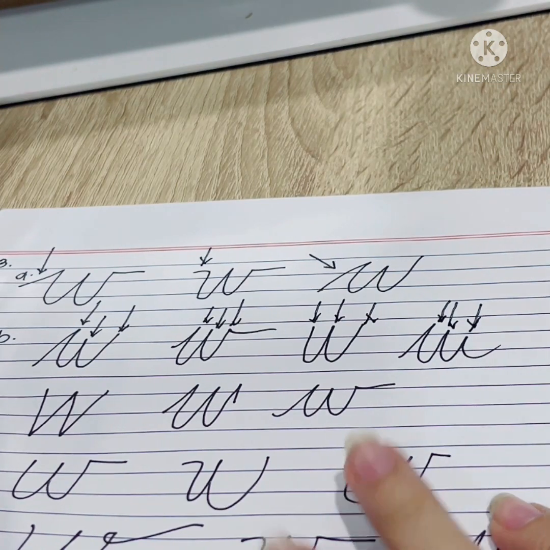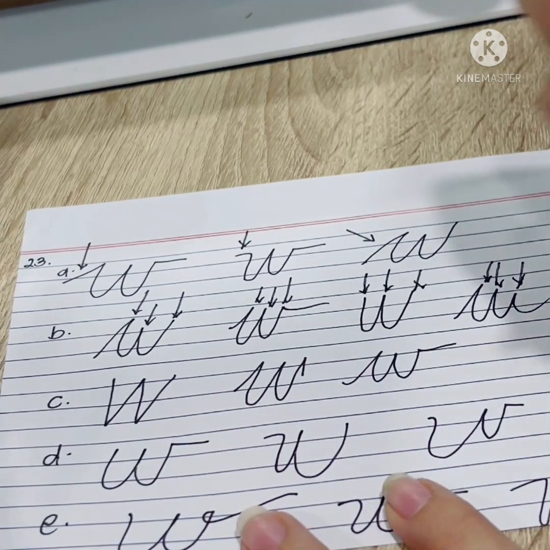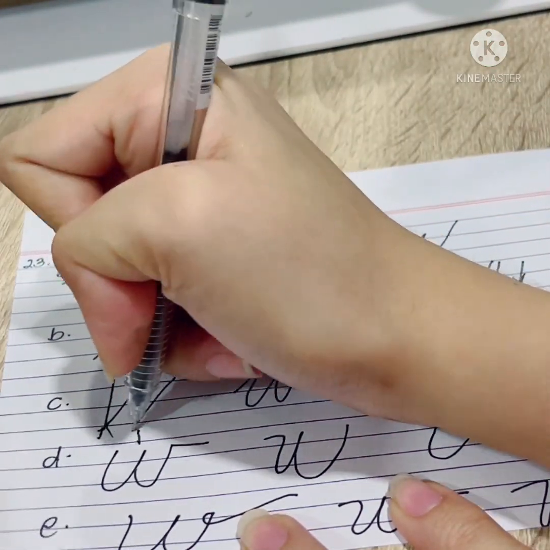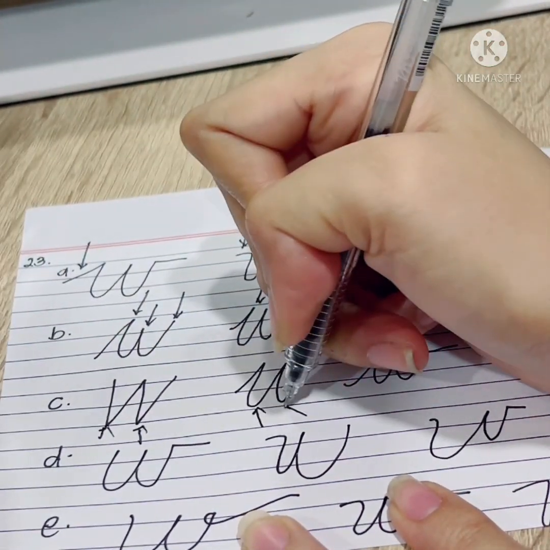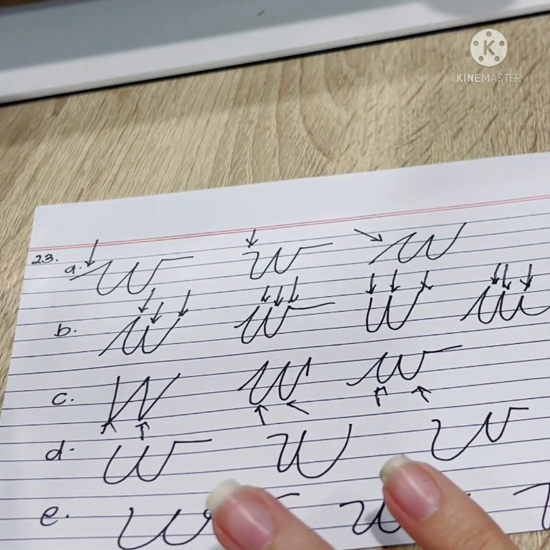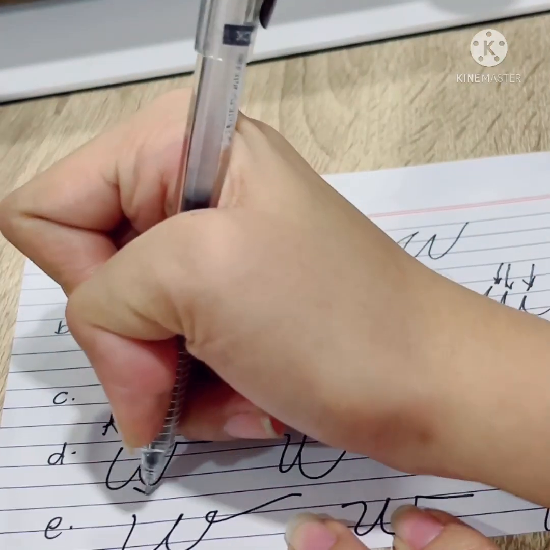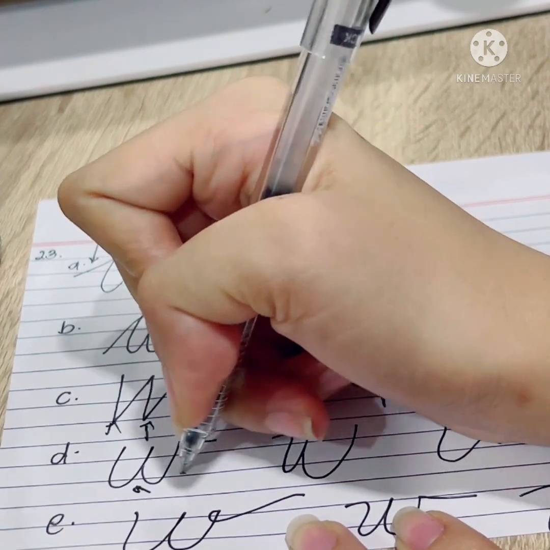C. Do bases of both troughs rest on the baseline? D. Are both troughs equal in width?